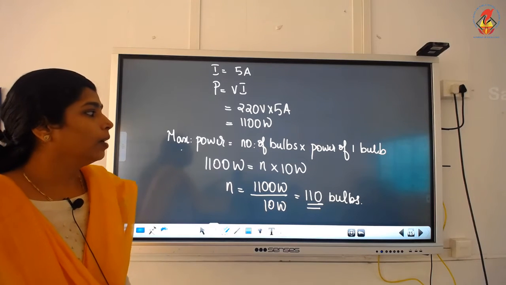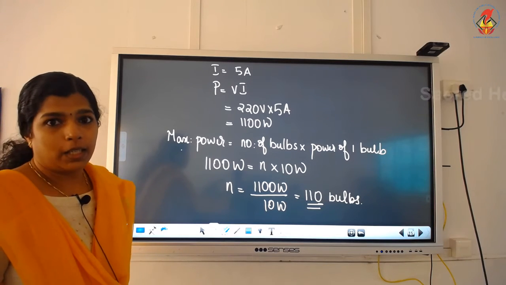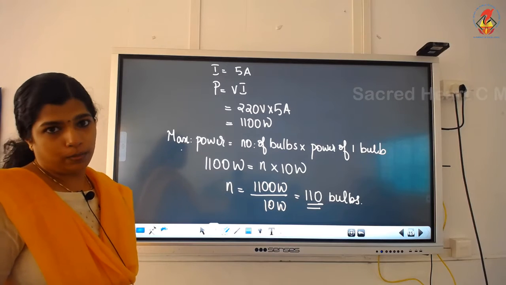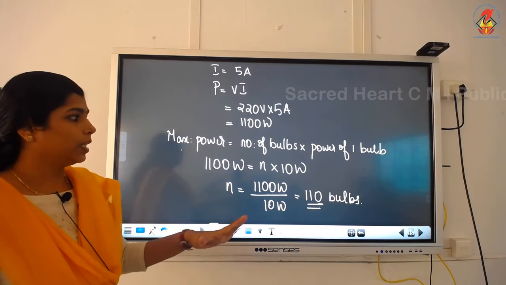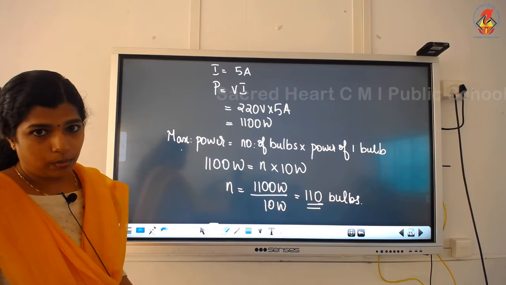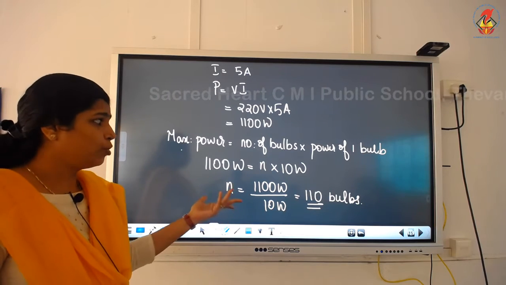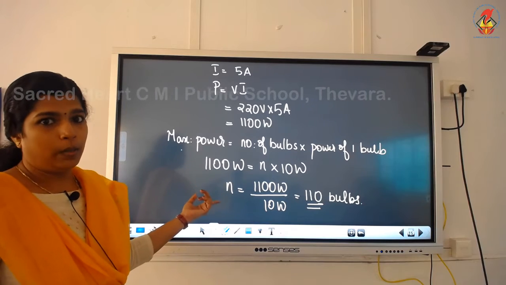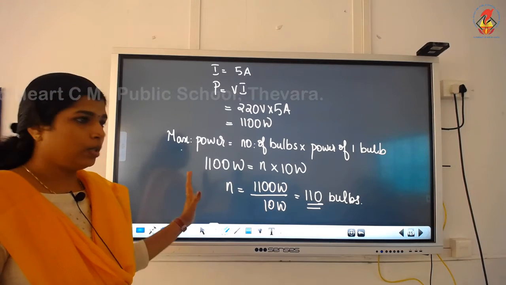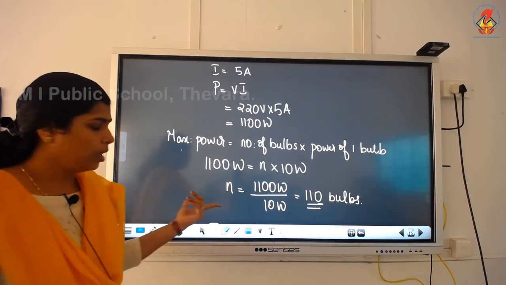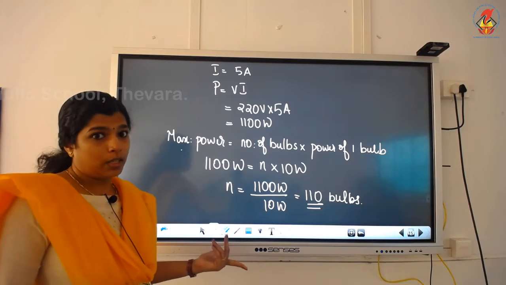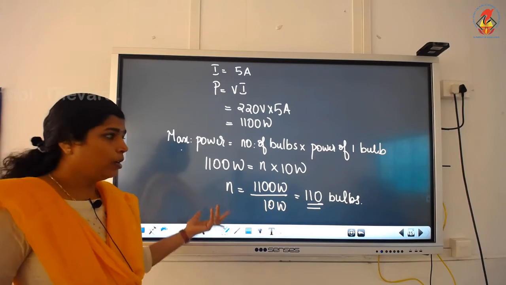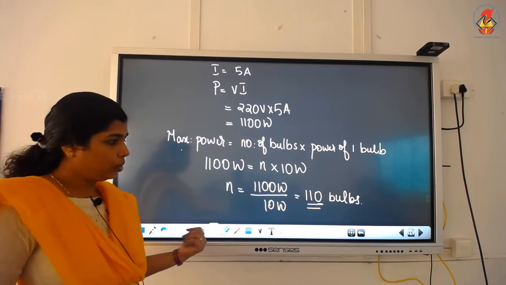So, you will get 110 bulbs connected in that parallel combination. Different methods are there to do this problem. I selected only one method. Using the equation P equal to V square by R, we can also solve this problem.